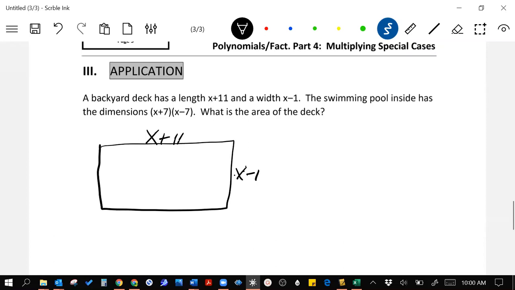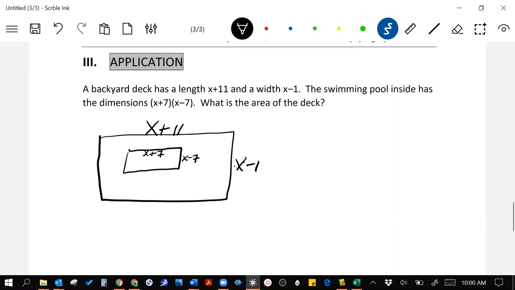There's a swimming pool inside it, and it sounds like that swimming pool is x plus 7. So it seems like it's rectangular, x plus 7 and x minus 7. So we have a problem like I did in the last section before this. We're going to have the x plus 11 times x minus 1. That's the area of the whole thing.